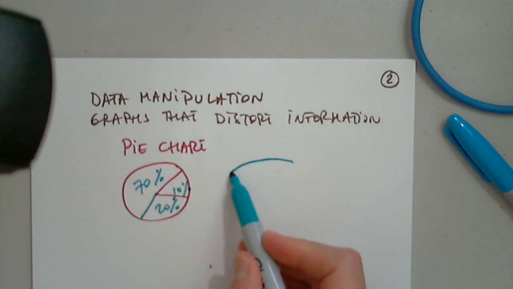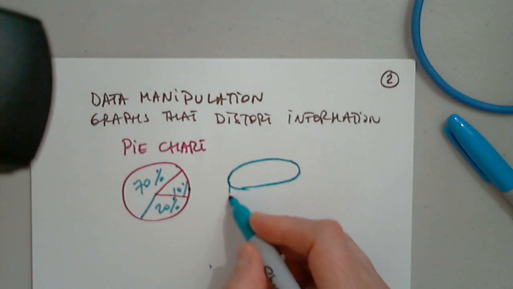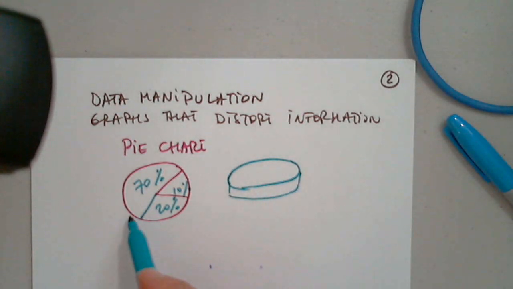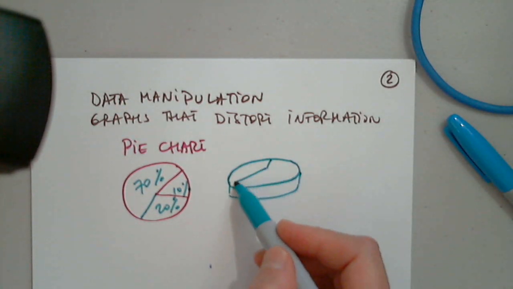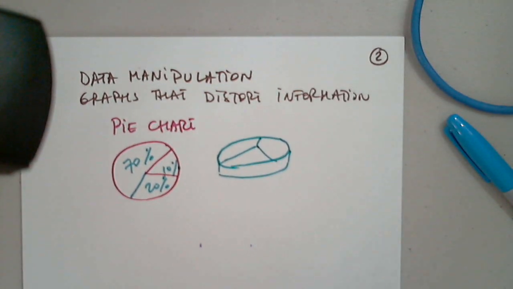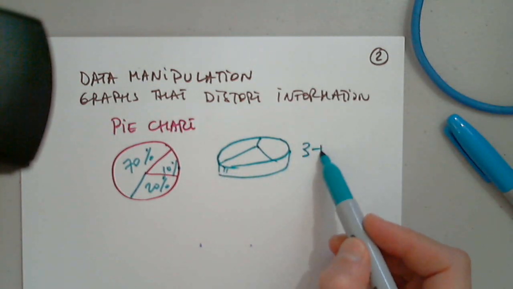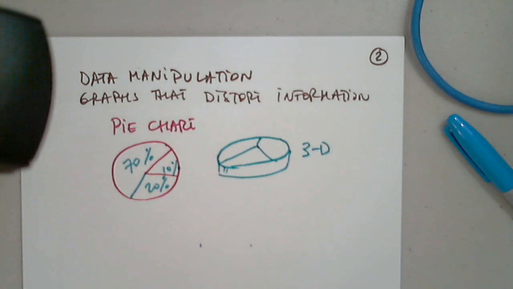But if we're using a so-called 3D pie chart, look what's going to happen here. You cannot really see which one is bigger.